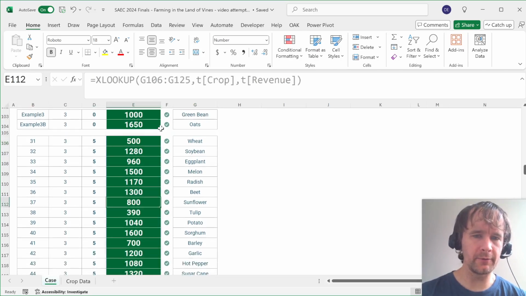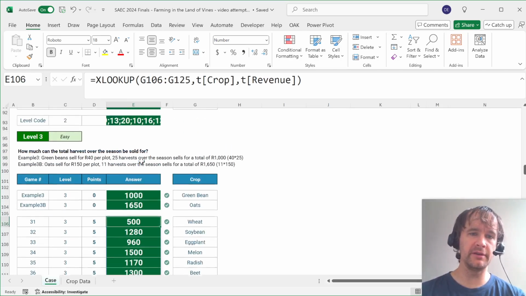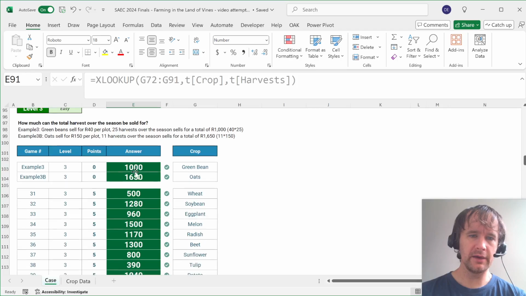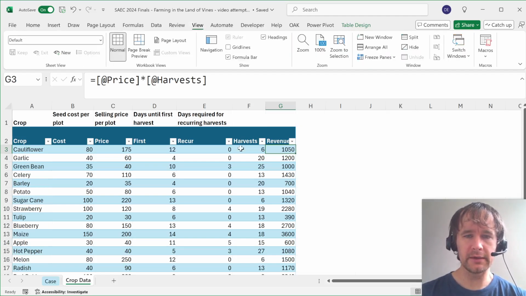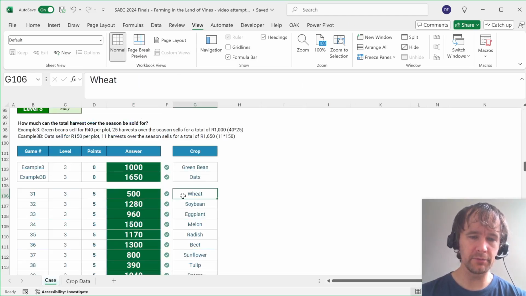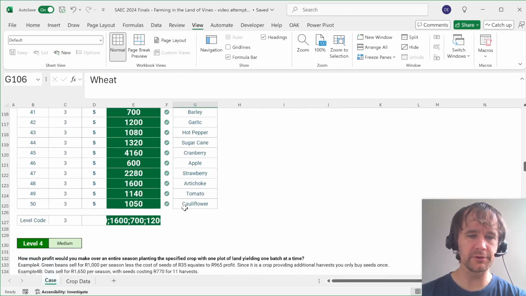You can see how, if you start building this up as a LET, it would be very easy to take your result from this level and then just string on another XLOOKUP to multiply it by the price per thing. And that's kind of what lured me in on this one. It was very lettable, but actually writing it like this is even easier, and it means you can pull it in here and you have it for every crop rather than just the ones that you're using it for.